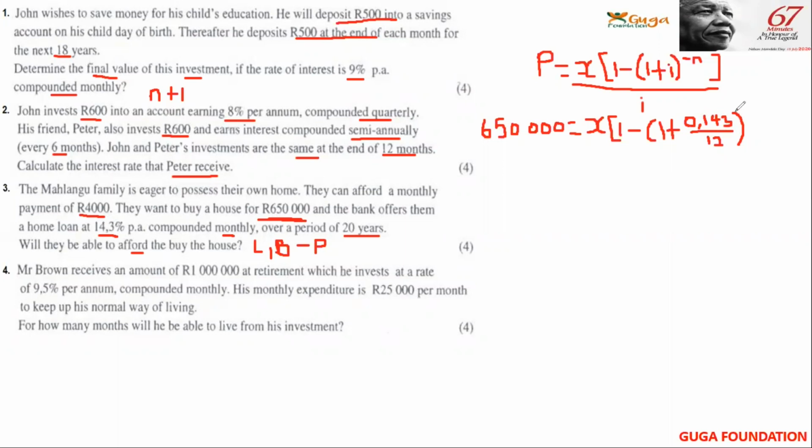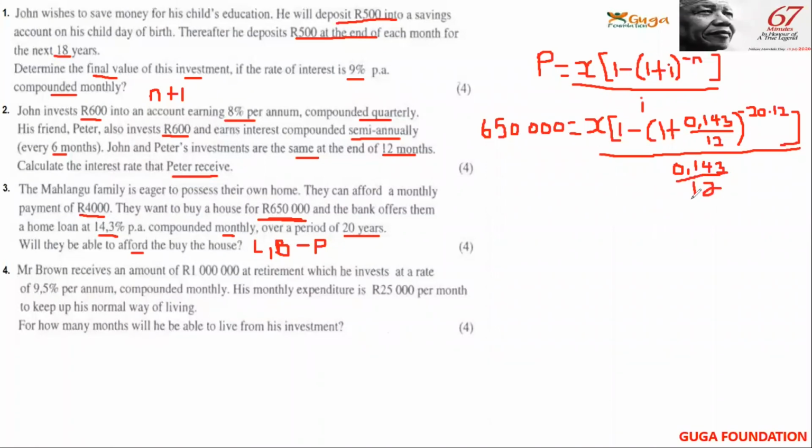Okay, so to the power of negative, for 20 years it will be 20 multiplied by 12 to convert it to months, all over by 0.143 over 12.